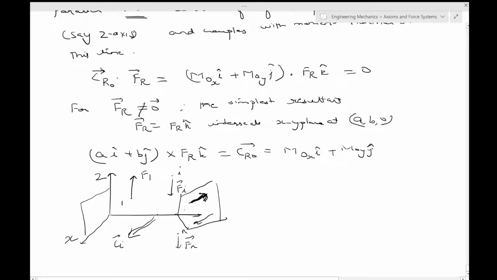And then this simplest resultant, let me draw that over here, is always FR and CRO. Okay, I can draw this CRO on this XY plane because I know that it will only lie on the XY plane. Okay, yes, the equivalent CRO.